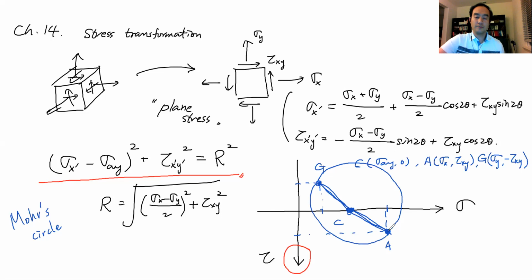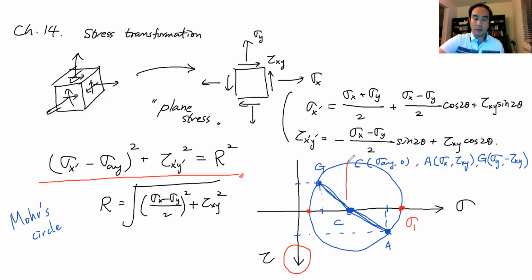Something like this, okay? I know this is not really a good circle. Maybe a little better. When you develop this Mohr circle, you can easily find the maximum normal stress. These are what we call the principal stresses, the maximum and minimum normal stresses.